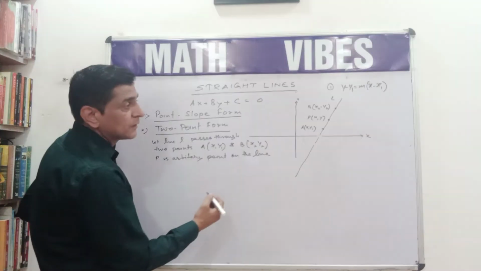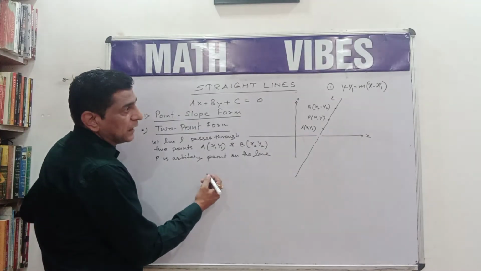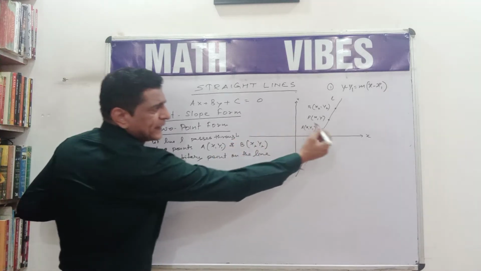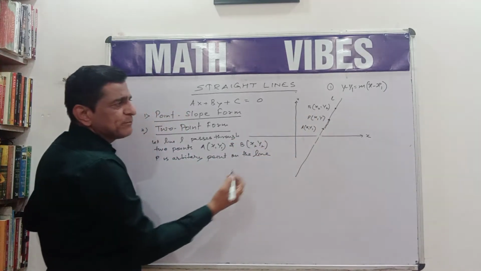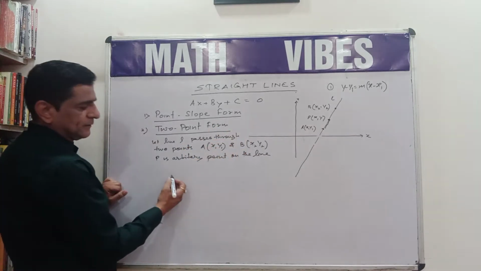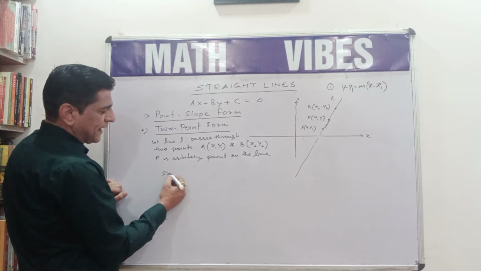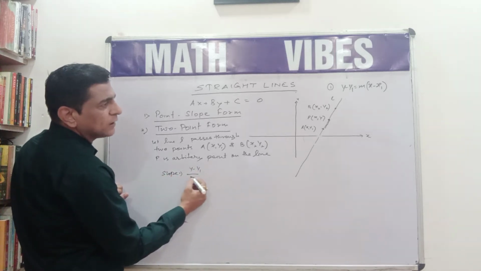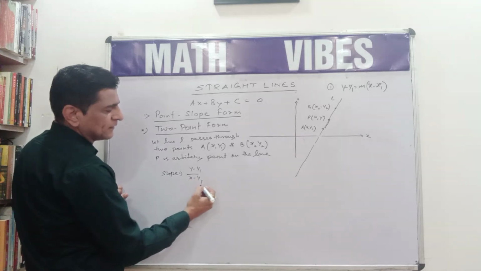Now, because L is the same line, if we find the slope using A and P, the slope of the line will be (y minus y1) upon (x minus x1).